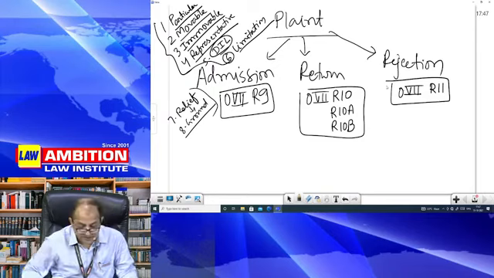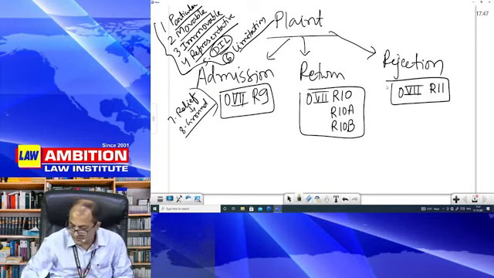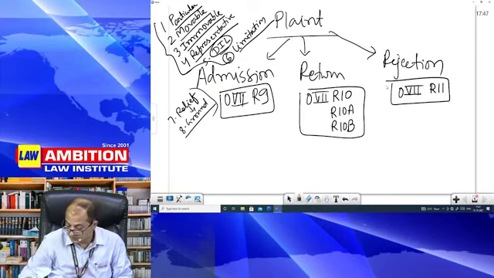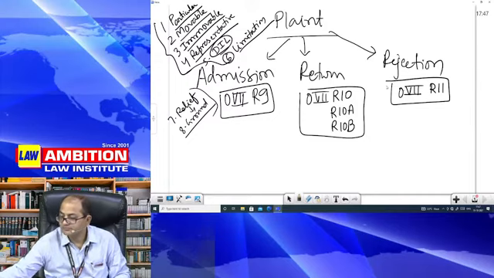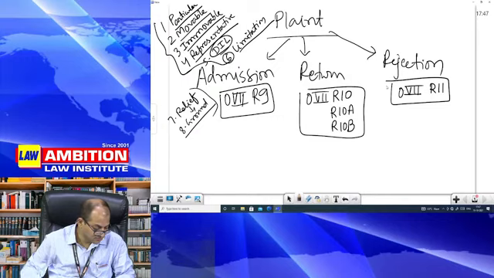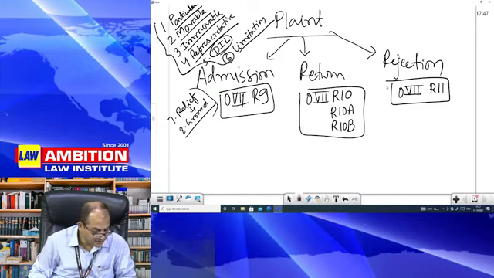So now, when you admit the plaint, what will you do? If I ask you a very simple question, if you admit the plaint, what will you do? What will you do? It is written: when the court orders that the summons be served on the defendants in the manner provided in Rule 9 of Order 5, it will direct the plaintiff to present as many copies of the plaint.